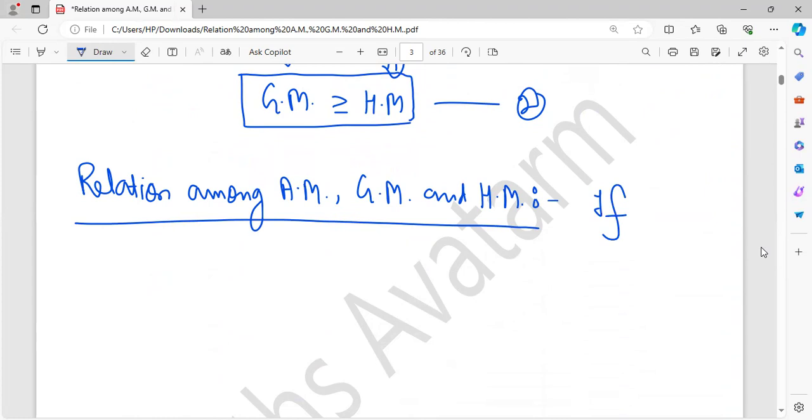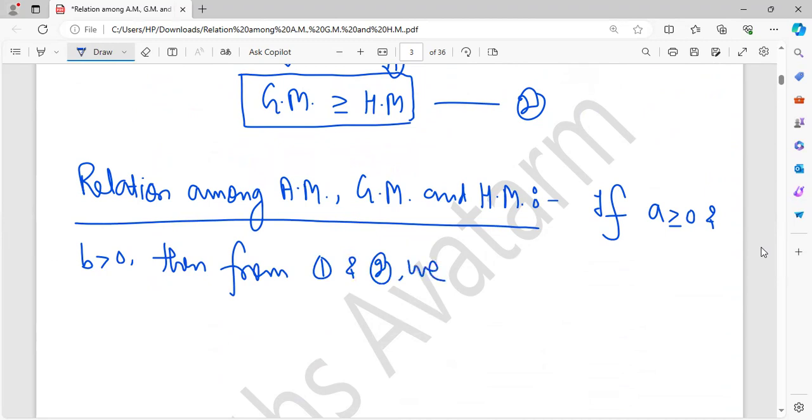If A is greater than or equal to 0 and B is greater than 0, then from 1 and 2 we have AM is greater than or equal to GM by equation number 1, and by equation number 2 GM is greater than or equal to HM. So this is the relation.